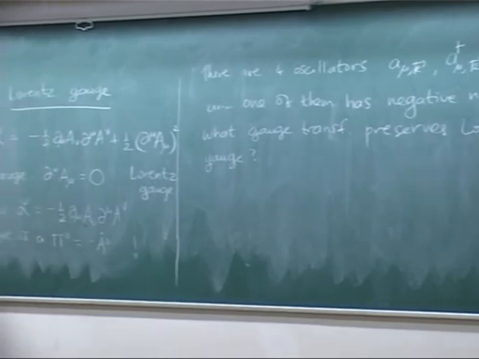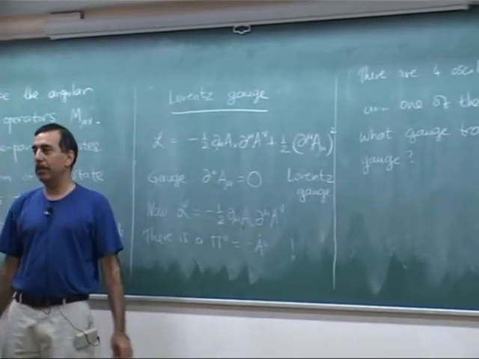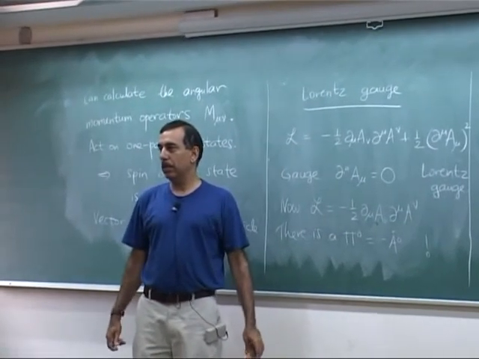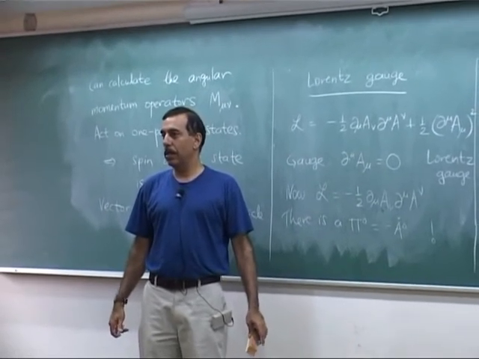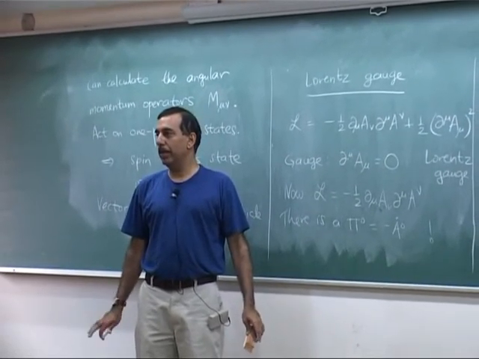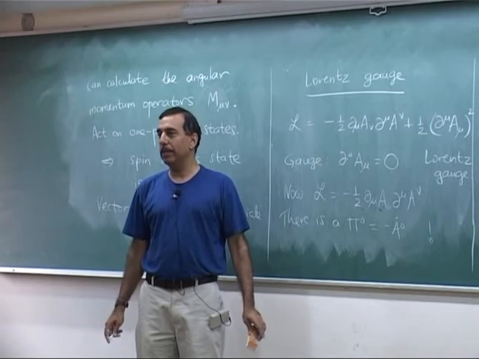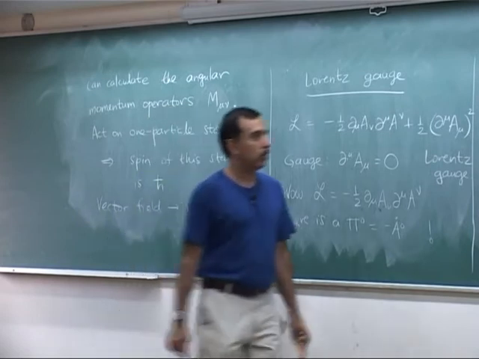This is Lorentz gauge. What gauge transformations will preserve it? Those gauge transformations by a λ such that box of λ is 0.